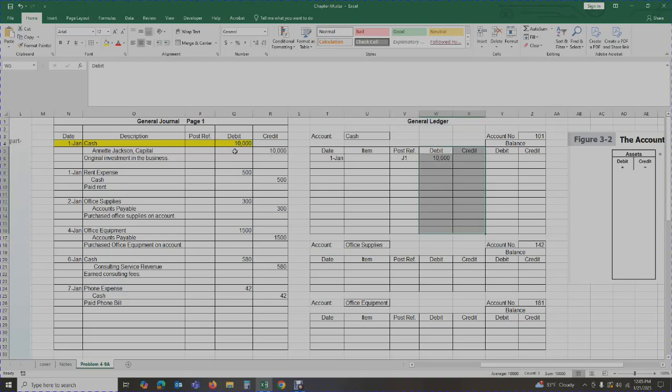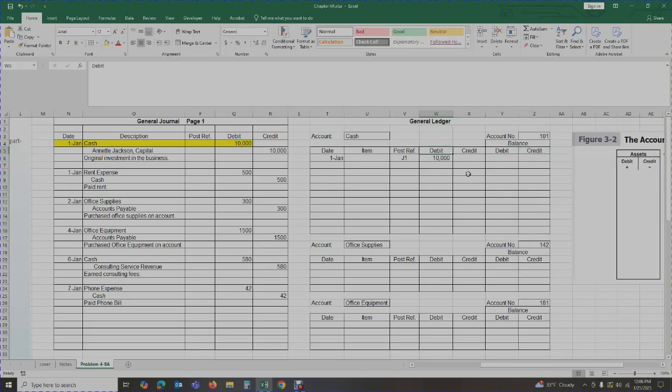You're transferring whatever you have on your journal to the ledger. The last 2 set of balances, debit and credit, are going to be the ending balance calculation of the account. So the last 2 set of columns give you the ending balance. The first 2 give you just the transfer from the journal to the ledger. So I transferred that debit of $10,000 over.